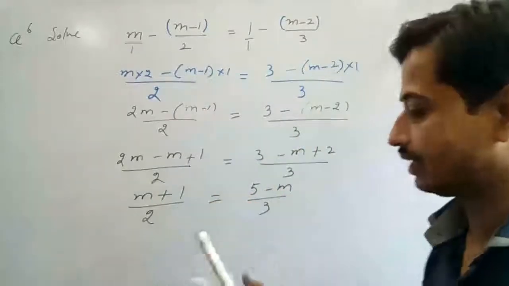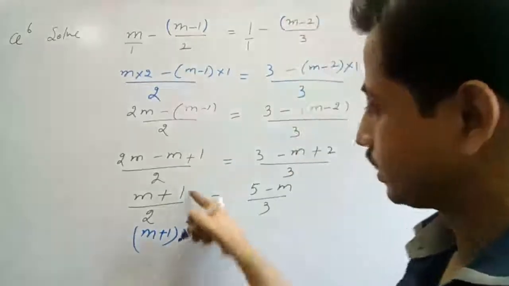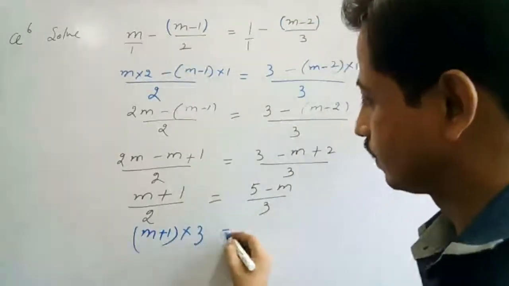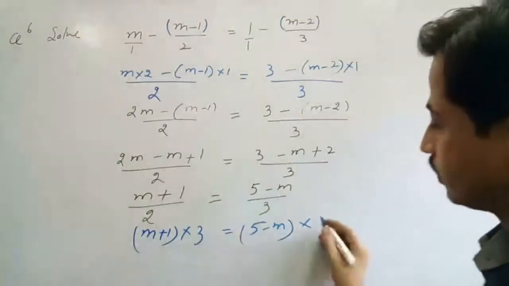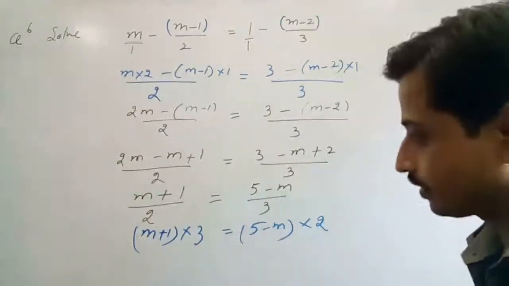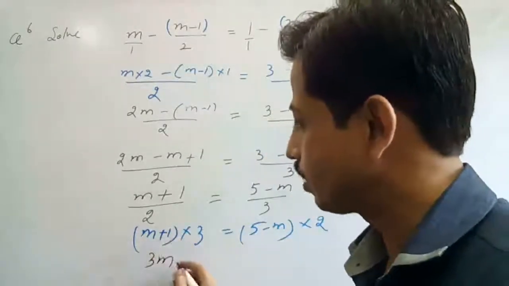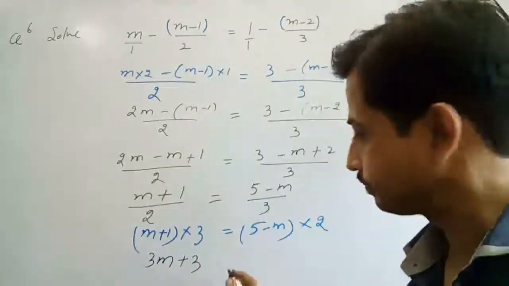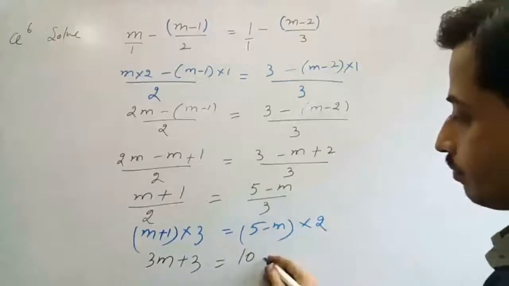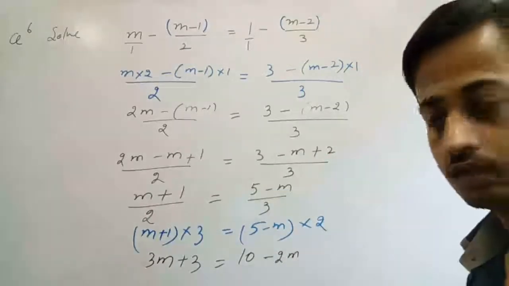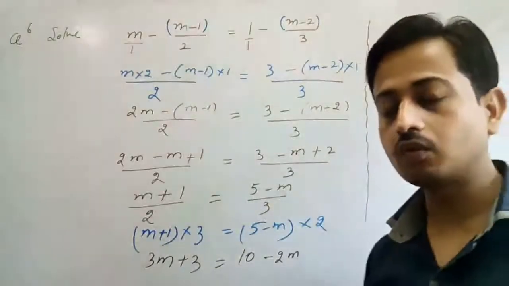Cross multiply. m plus 1 is multiplied with 3 and 5 minus m is multiplied with 2. Solve it. 3 multiply m, we get 3m. 3 into 1, 3. 5 into 2, we get 10. 2 into m, 2m. We have to find out the value of m.